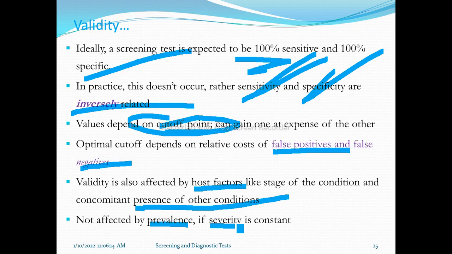But predictive value is affected by prevalence. Predictive value is affected by the prevalence, the specificity and sensitivity, but validity is not affected by prevalence. Validity is not directly useful for health professionals, but predictive value has direct importance.